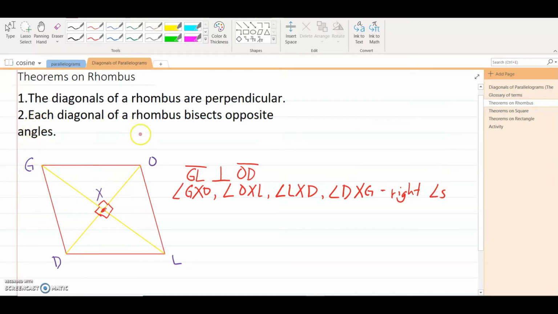Next, number 2, each diagonal of a rhombus bisects opposite angles. So what do we mean by bisect? So when we say bisect, it divides something into 2.